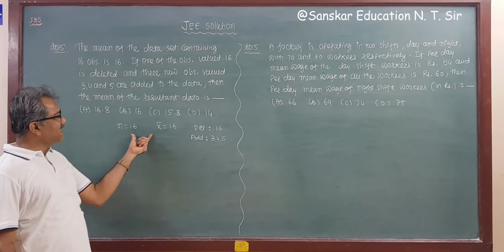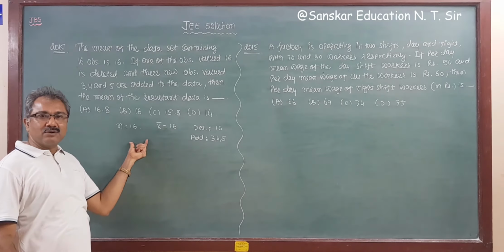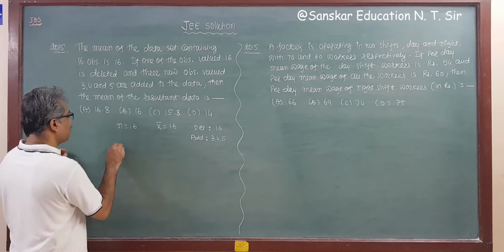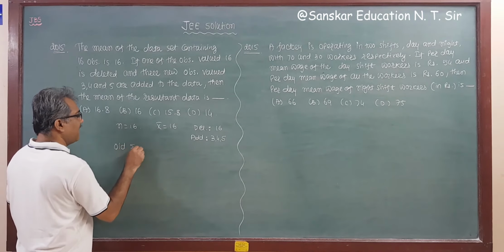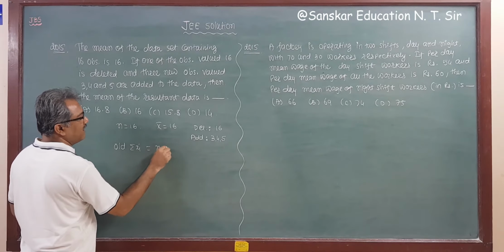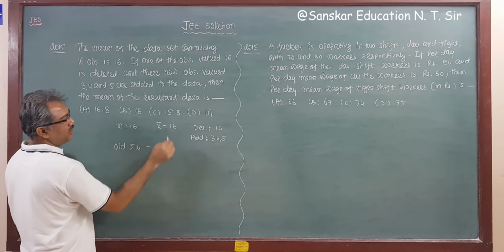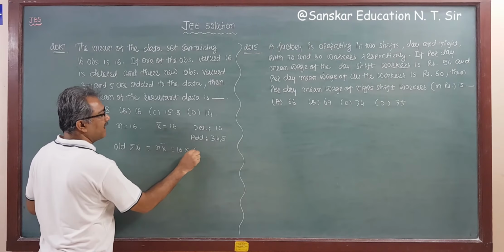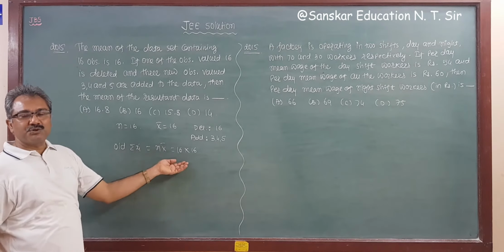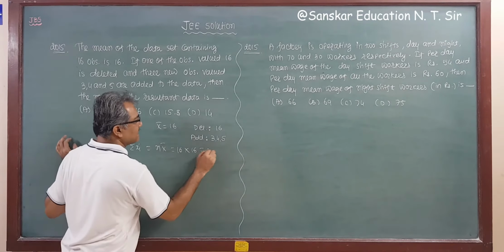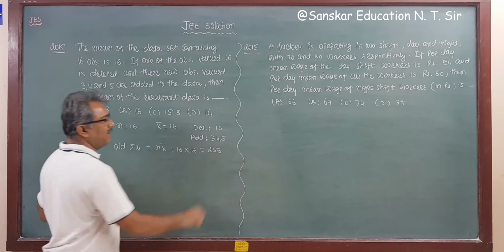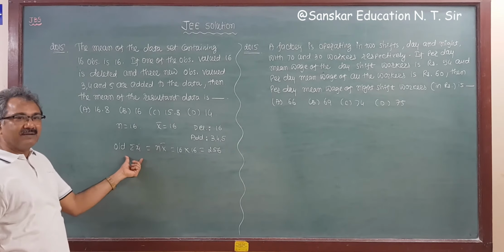So first of all, sigma xi, that is old sigma xi, right? So old sigma xi is equal to n into x bar, that is 16 into 16, right? And you know 16 into 16 is 256. So the answer is 256. This is your old sigma xi.